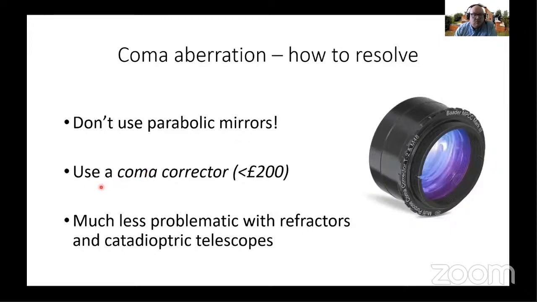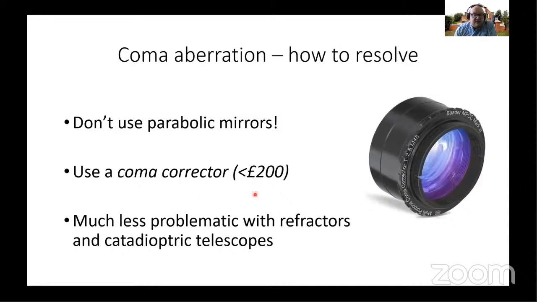So you have to use something called a Coma Corrector, very similar to the corrector for the chromatic aberration. A Coma Corrector would plug into the focuser and then aim to reduce the amount of distortion at the peripheries of that field.